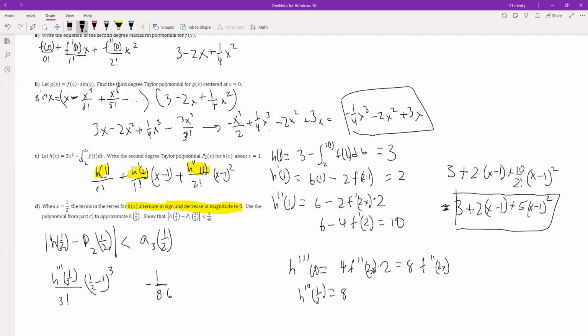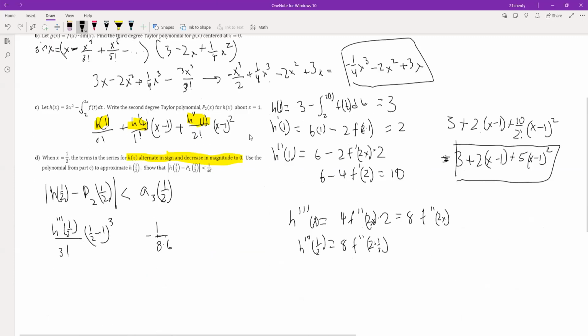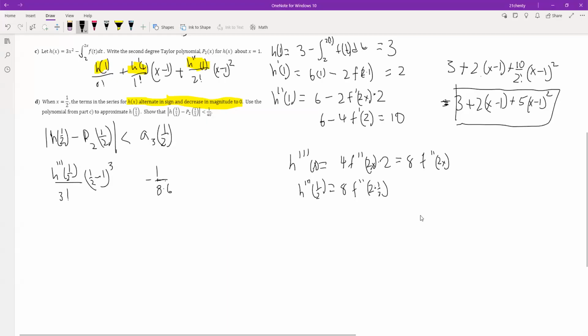Now we're substituting in 1/2. That equals 8 f double prime of 2 times 1/2, or 1. Oh wait, I made a mistake. I accidentally substituted in the x here when this should be 1. This should be 2 times 1.